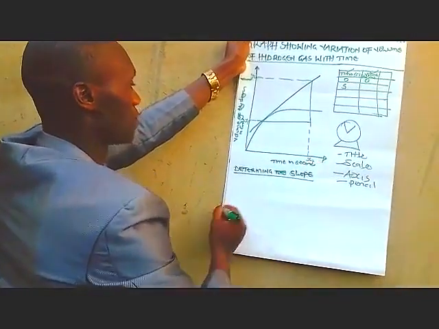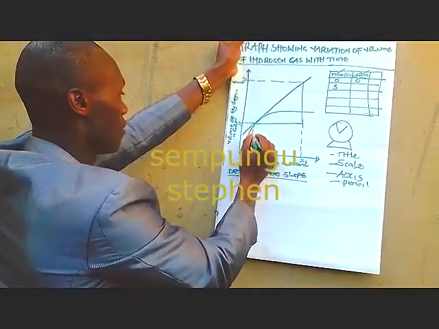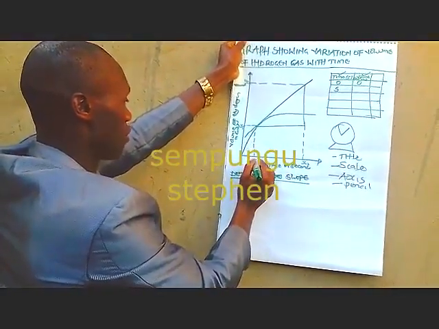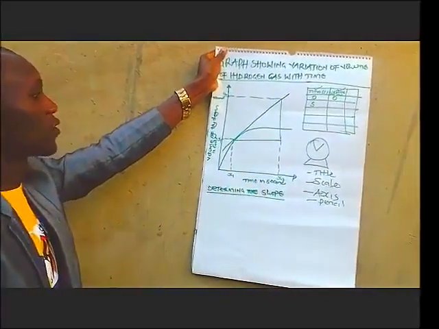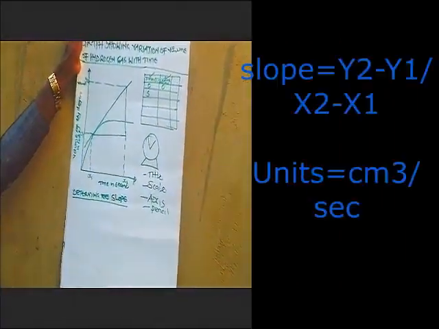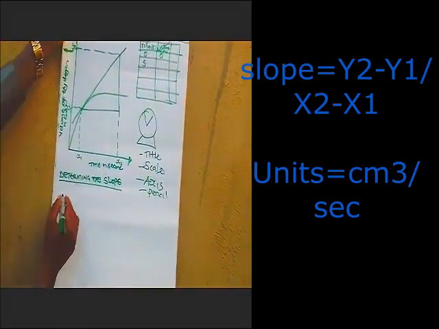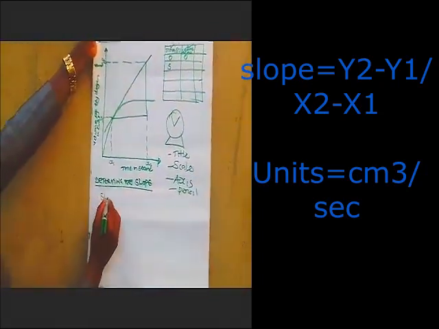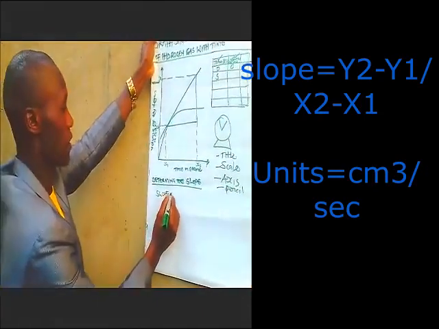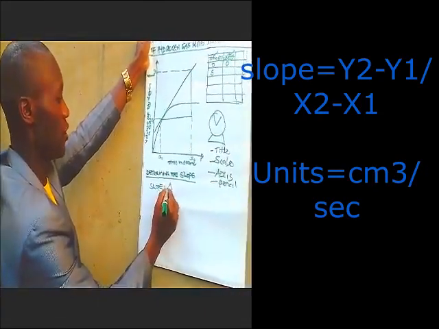When you are going to determine the slope, we are just going to get the difference in the y values divided by the difference in the x values. In simple terms, we shall get y2 minus y1 over x2 minus x1.